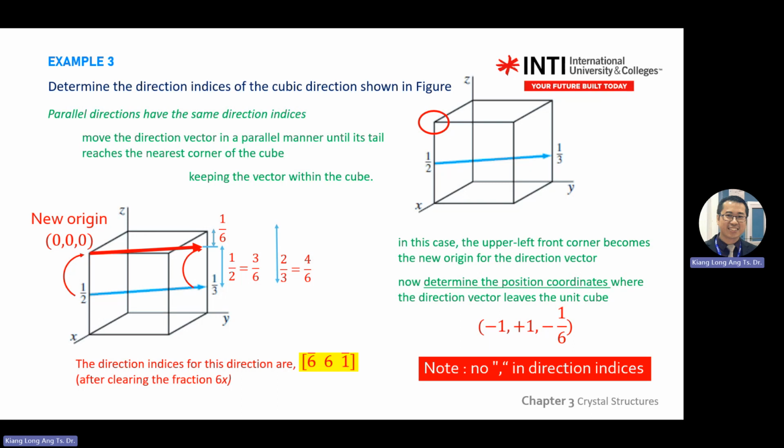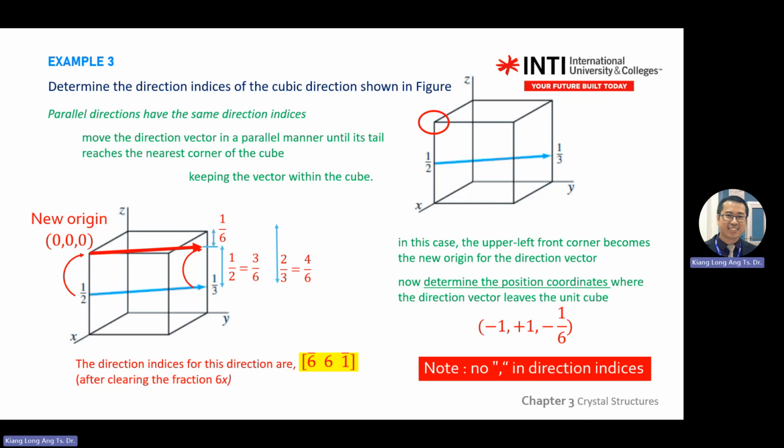We see it as moving from here to here, where we actually move back. Every cube that we use for calculation, 1 cube is 1.